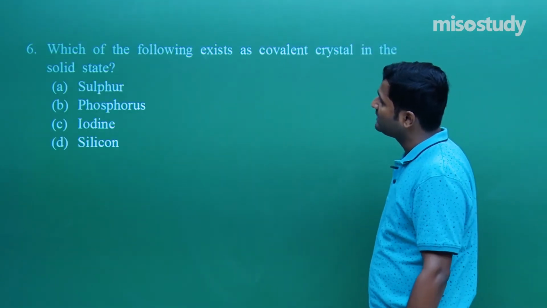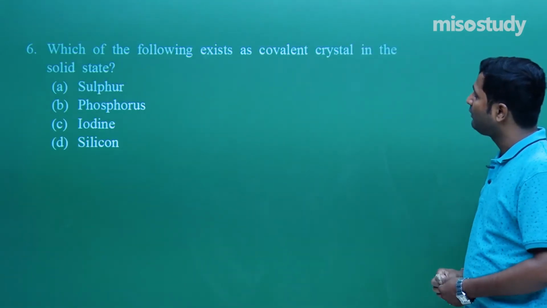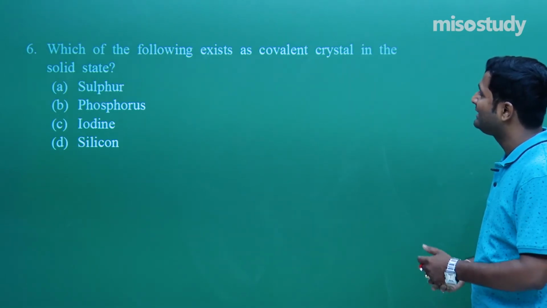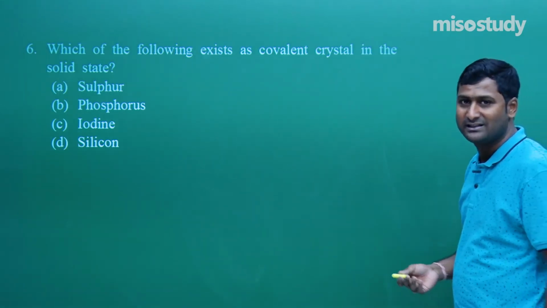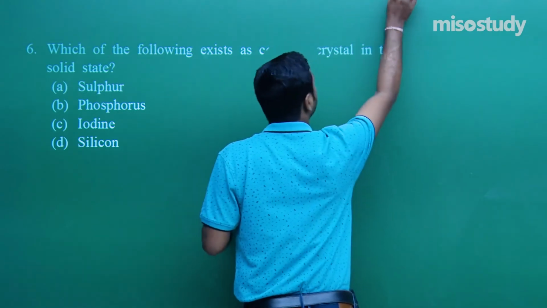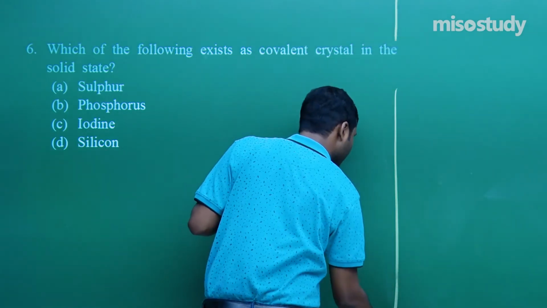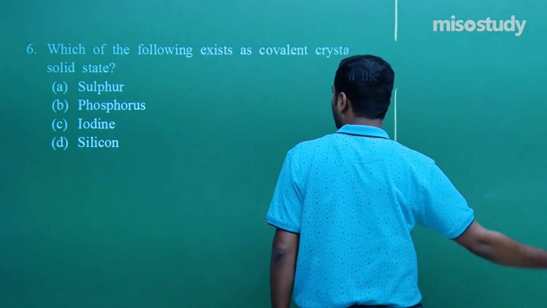Now for question number 6, which of the following exists as covalent crystal in the solid state? This is again a simple question. You can easily solve, theory based question. As I told you, this chapter is completely theory based.